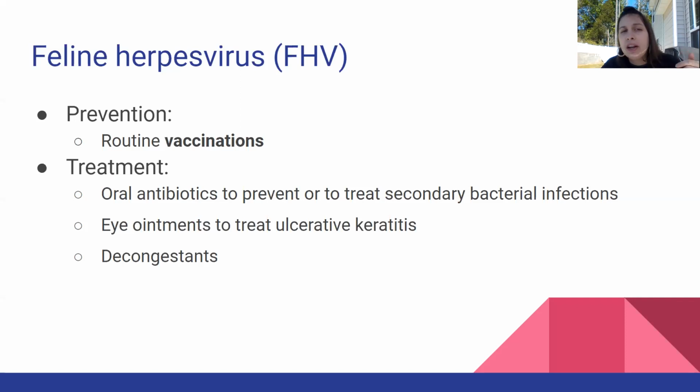Not so good if you have any other cats in the house that can end up contracting it. So giving them decongestants in hopes that they won't end up just continuously spreading it. Like if they can just go ahead and clear up their system once and for all and keep their system clear, then it's going to be better for your cat and any other cats or animals that you have in the house.